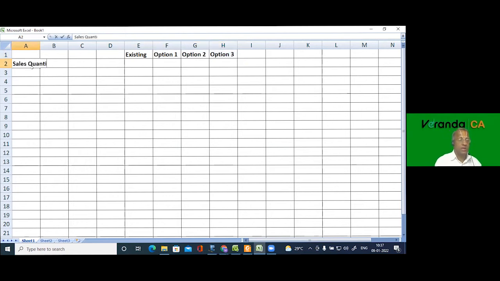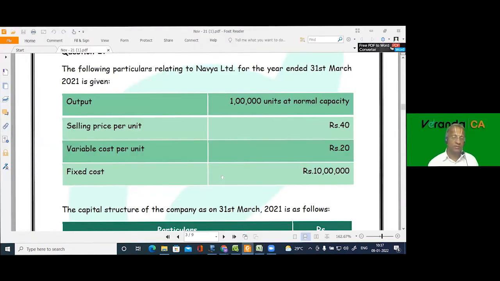Sales quantity. So it is 1 lakh units, and here it is 1 lakh plus 50% on 1 lakh, 1,50,000, and it is 1,50,000, and it is 1,50,000. So that is what they mentioned.